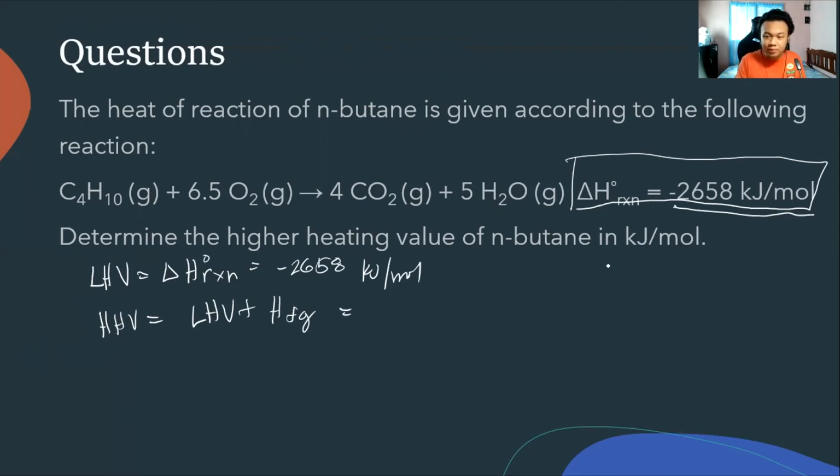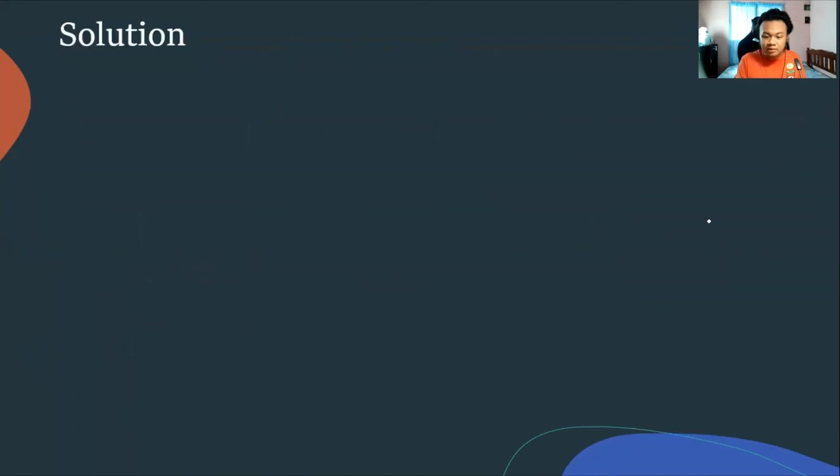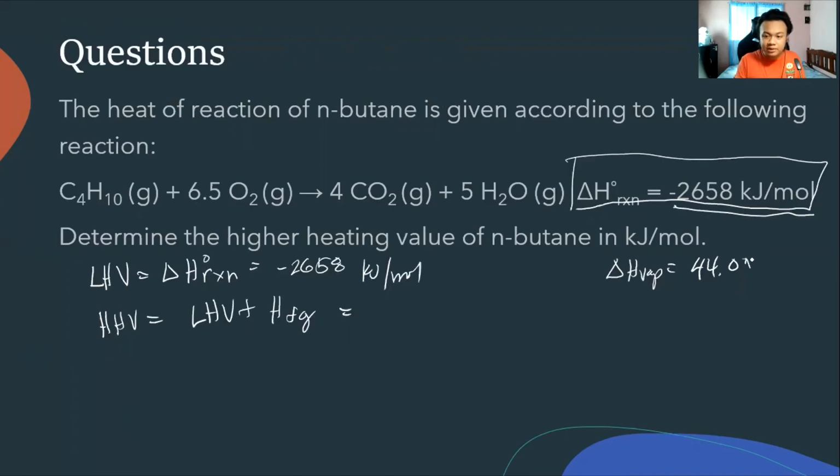The latent heat of evaporation, HVAP, is 44.01 kilojoules per mole. That's the latent heat of evaporation of water.